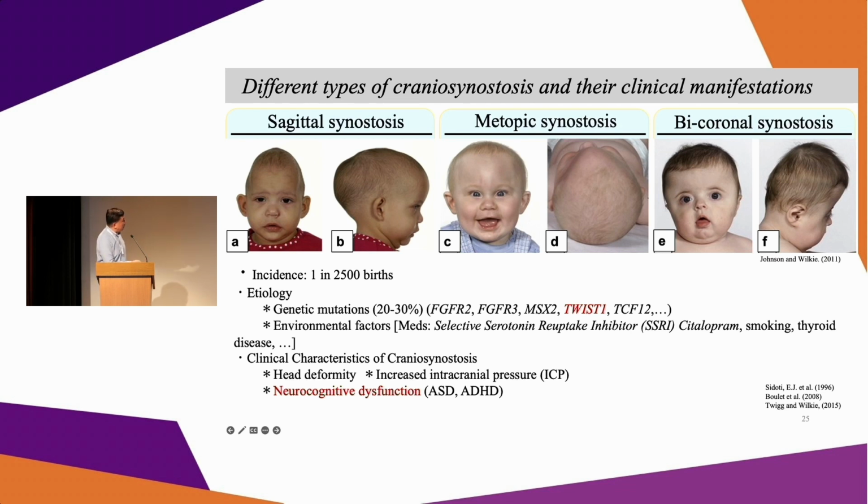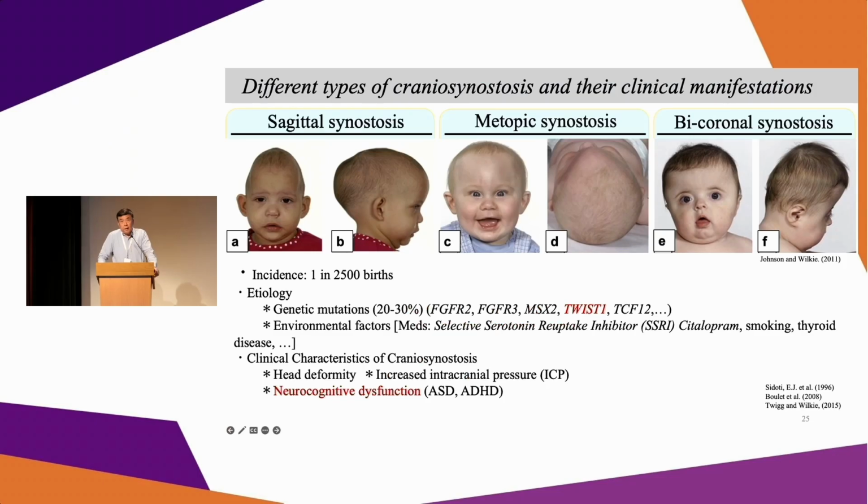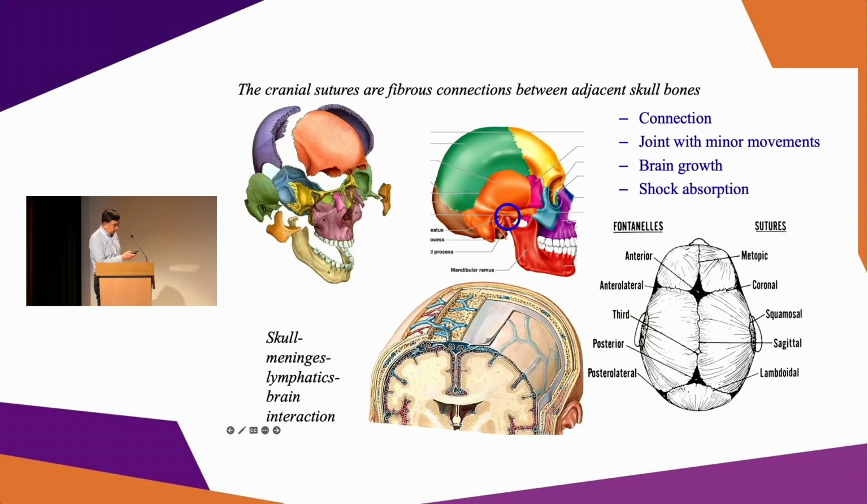What we're going to focus on today is this TWIST1 mutation that is well known to cause cranial synostosis in humans. What has not been well studied in the animal model, at least, is whether this TWIST1 mutation or FGF receptor mutation can also cause neurocognitive dysfunction. So that's what we have done in our study.